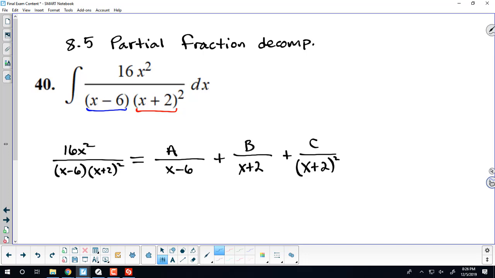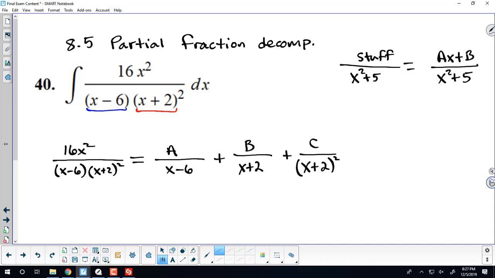And if it was cubed, then it would also add on a cubed term, and so forth. Like a d over x plus 2 squared. And what about if you have an x squared in the denominator, like x squared plus 5? Whatever the stuff is over x squared plus 5 by itself, you say that's equal to ax plus b over x squared plus 5.